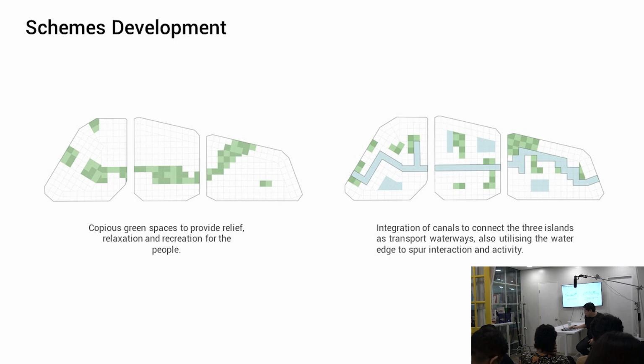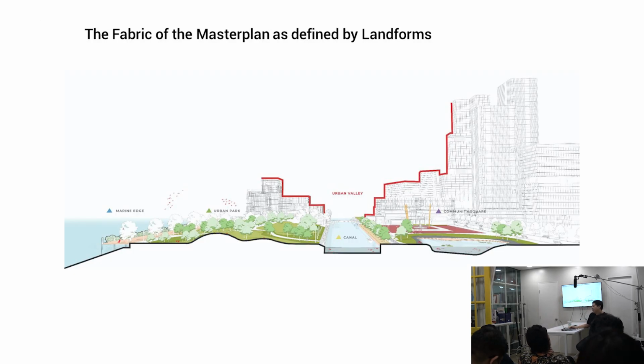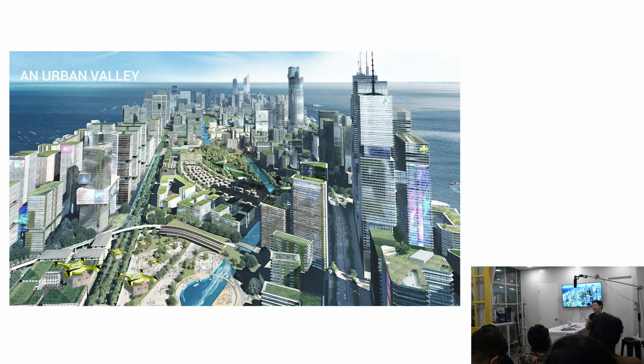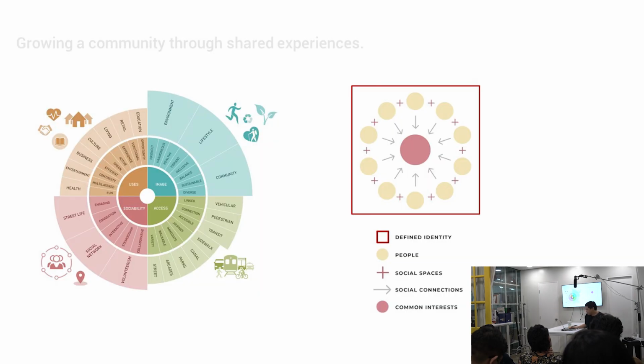So this project was largely built around an urban valley, a valley that was formed around this canal park, right? And it's basically a celebration of the Pasig River, how we settled as Tagalog people around the Pasig, and how do we build communities around the Pasig.